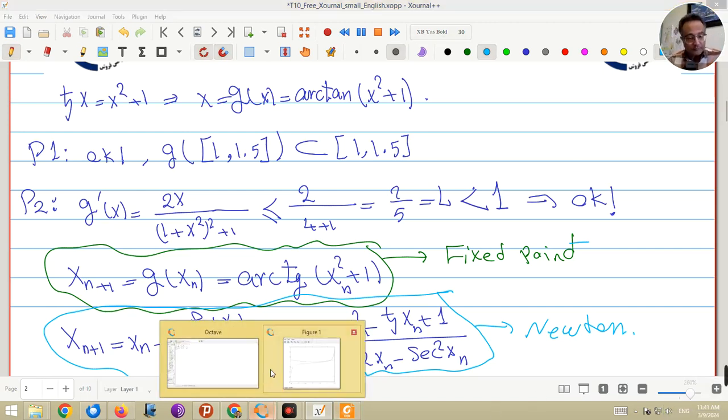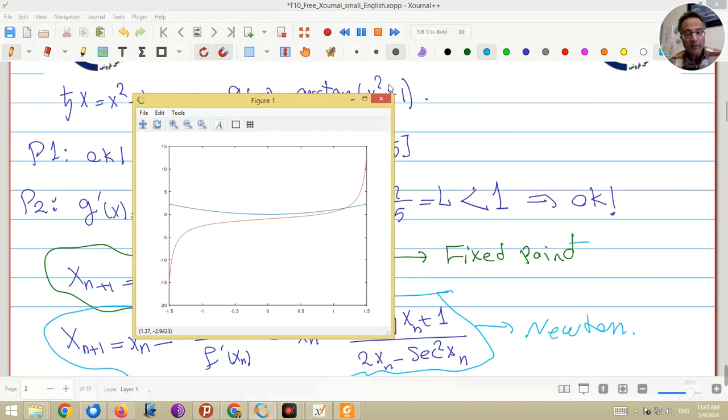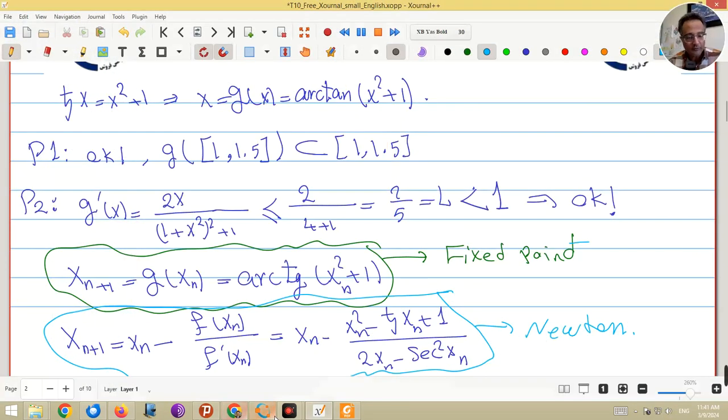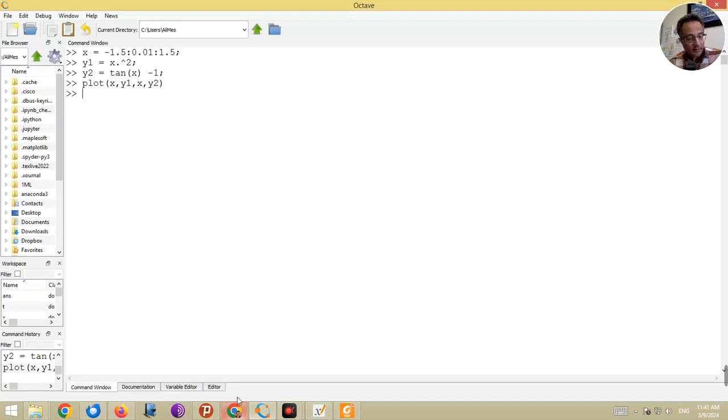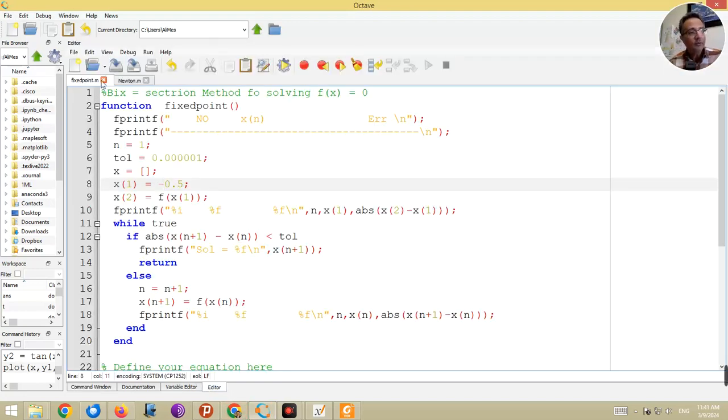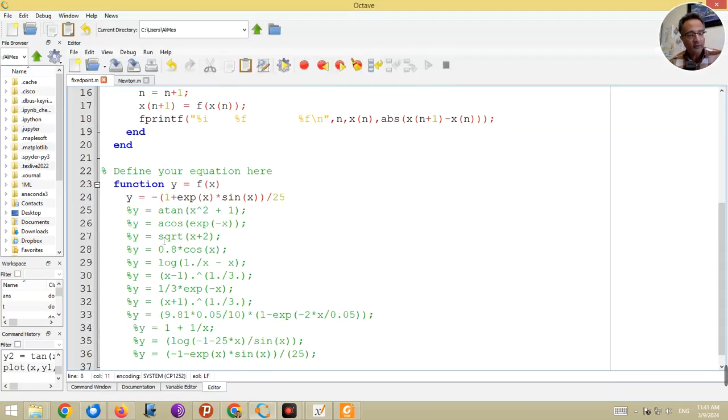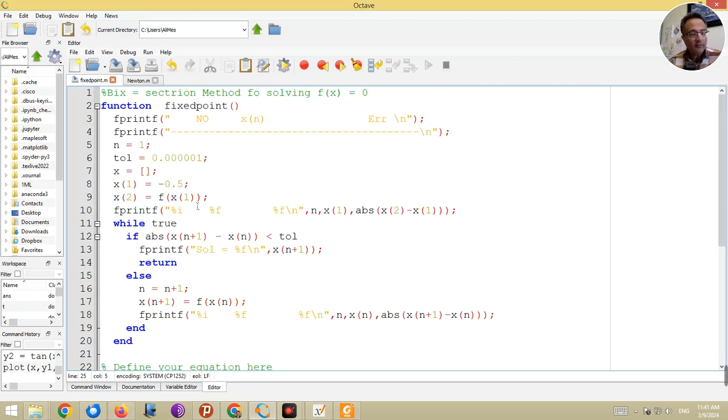So let me close this figure and open my editor. This is fixed point. Let me consider this sequence, y equal to arctangent of x squared plus 1, and we start from a number in the interval 1 and 1.5, for example, 1.2.